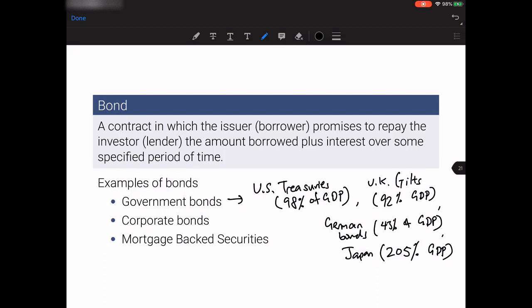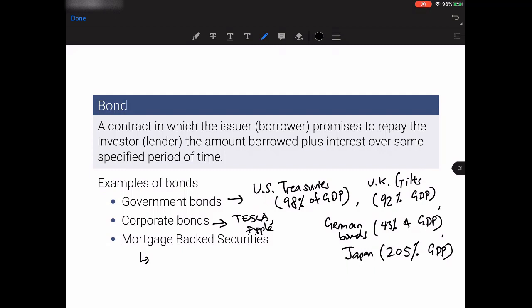All right, corporations can also issue bonds. Tesla and Apple, for example, they both have issued debt recently, I believe, within the past few years. And of course, mortgage-backed securities is also a type of debt. It's a collection of household debt being sold on the market for investment institutions to buy and sell.